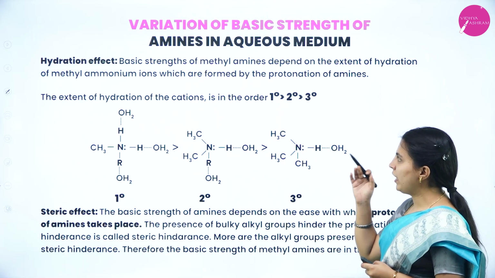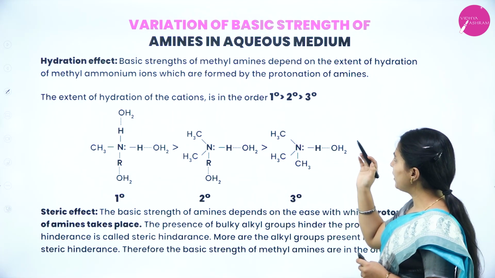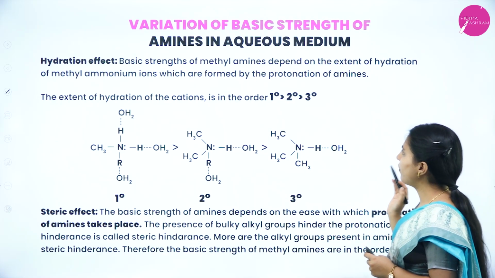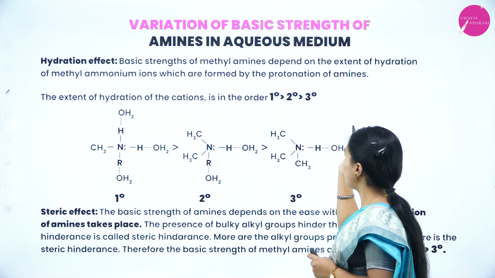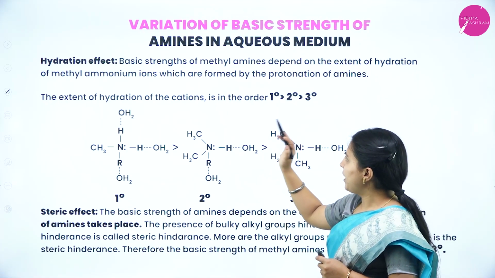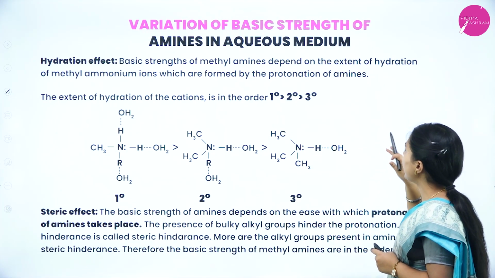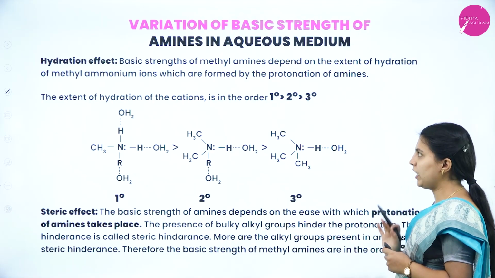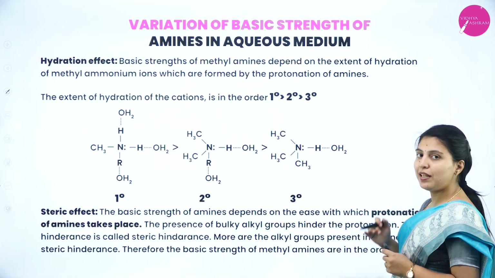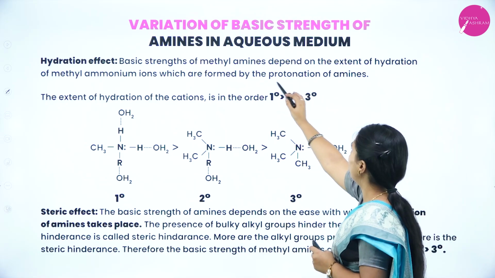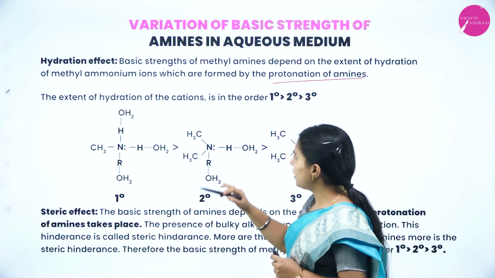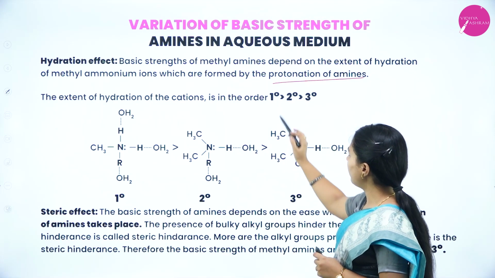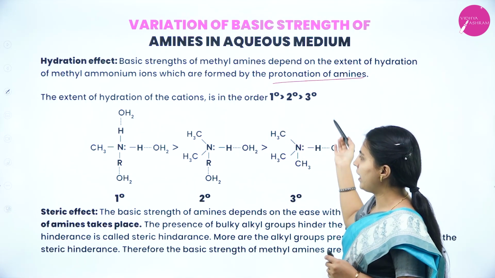Next, the hydration effect. The basic strength of methylamines depends on the extent of hydration of methylammonium ions, which are formed by the protonation of amines. The extent of hydration of the cations is in the order primary, then secondary, then tertiary.